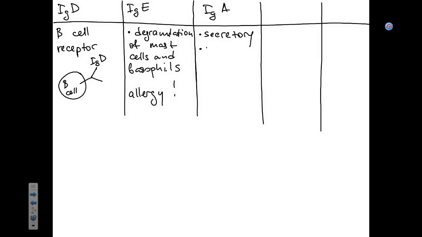Okay. IgA is a secretory antibody found in mucous membranes. Let's call it mucus. Where is mucus? Nose. Respiratory. Stomach, yeah, the whole digestive tract is mucus.